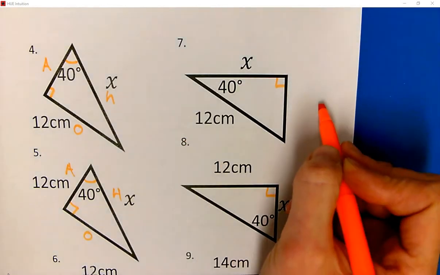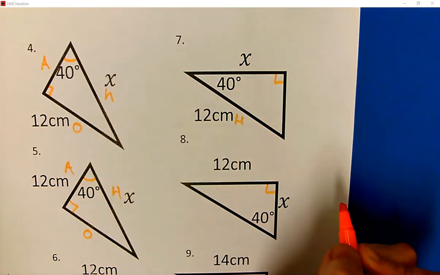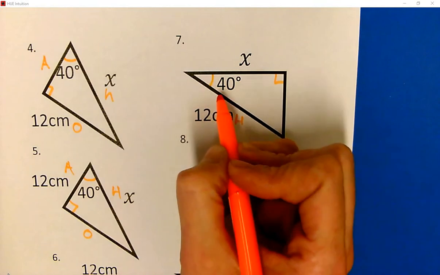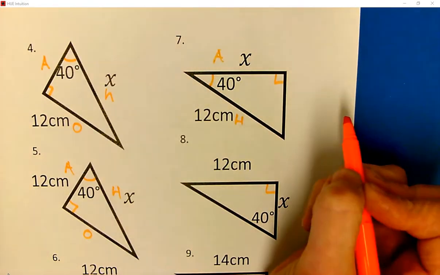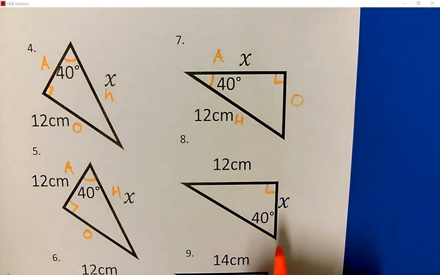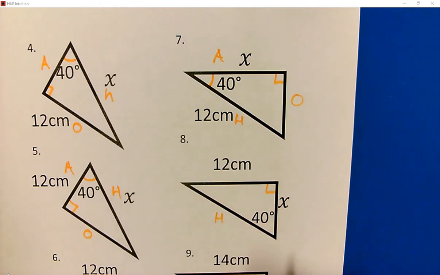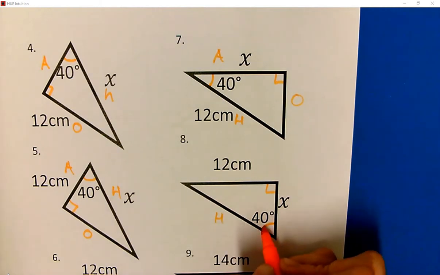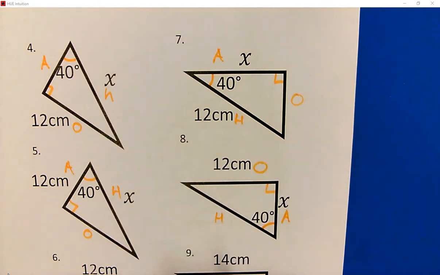On here, the longest side is this side opposite the right angle, and then touching the 40 degrees we've got the hypotenuse and the adjacent, and opposite the 40 degrees is over here. And finally this one, we've got the longest side hypotenuse and we've got 40 degrees marked here, so adjacent is there, and then we have opposite.